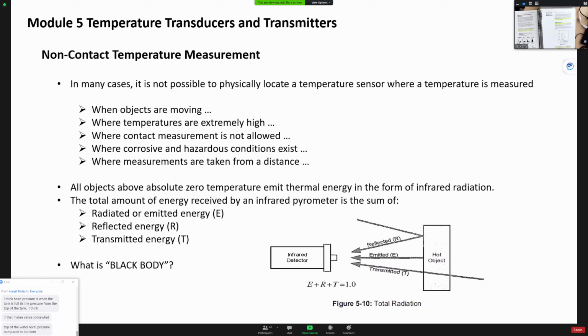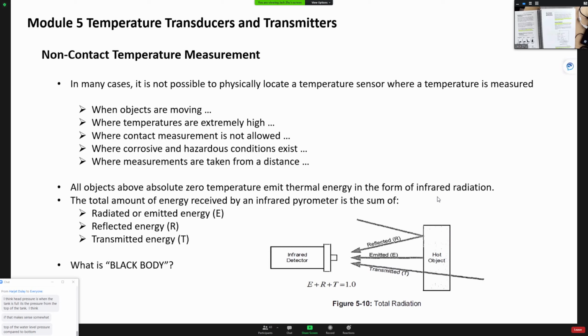That's where the absolute zero temperature is. So any object, usually you cannot stay at that low temperature. They will always radiate thermal energy. So that's the heat in the form of, sometimes they call it infrared radiation, but the proper term is electromagnetic wave radiation.